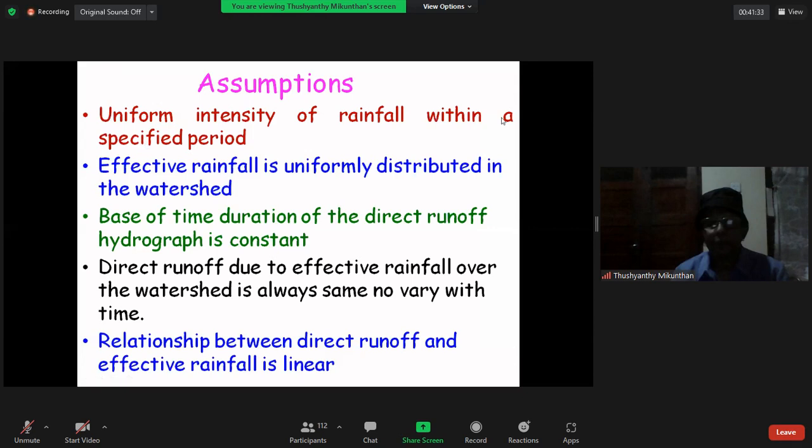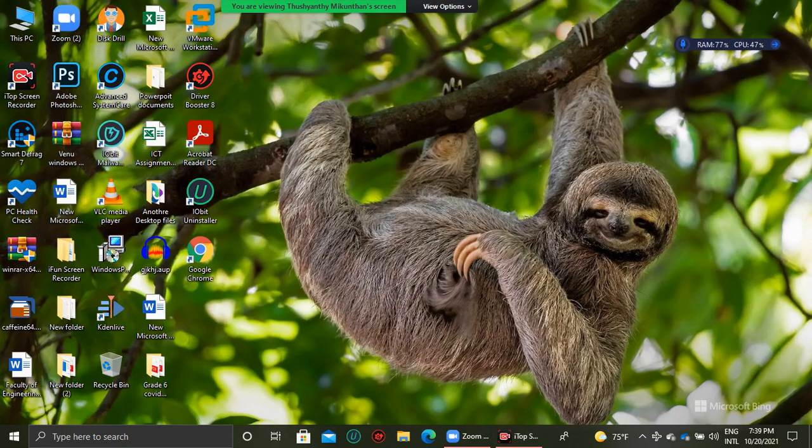As I said, for a shorter duration this assumption is correct, but for a longer duration it is not. Then, effective rainfall is uniformly distributed over the watershed. For a small catchment, of course, it is okay. For a large catchment, the assumption is not correct.